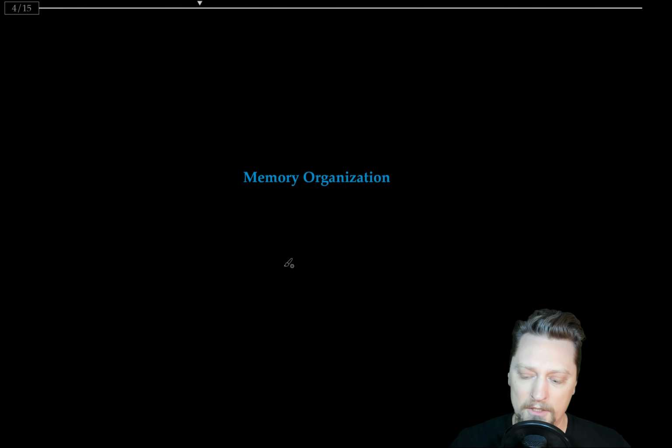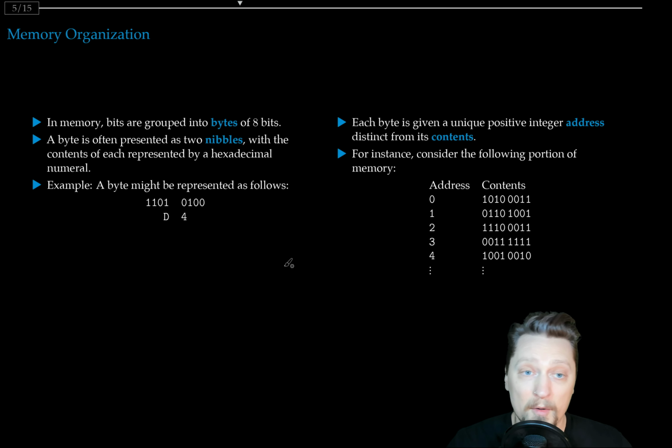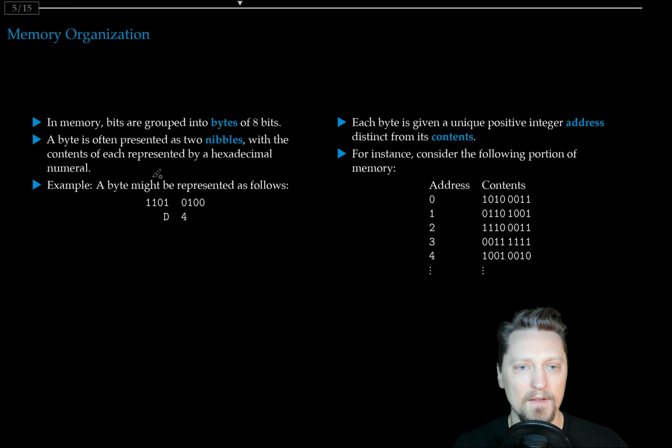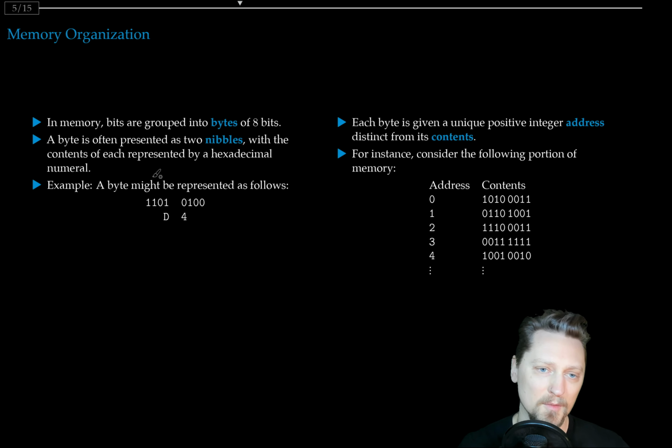Memory organization. In memory, bits are grouped into bytes of 8 bits. A byte is often presented as 2 nibbles with the contents of each represented by a hexadecimal numeral. For example, we have the byte, 8 bits.